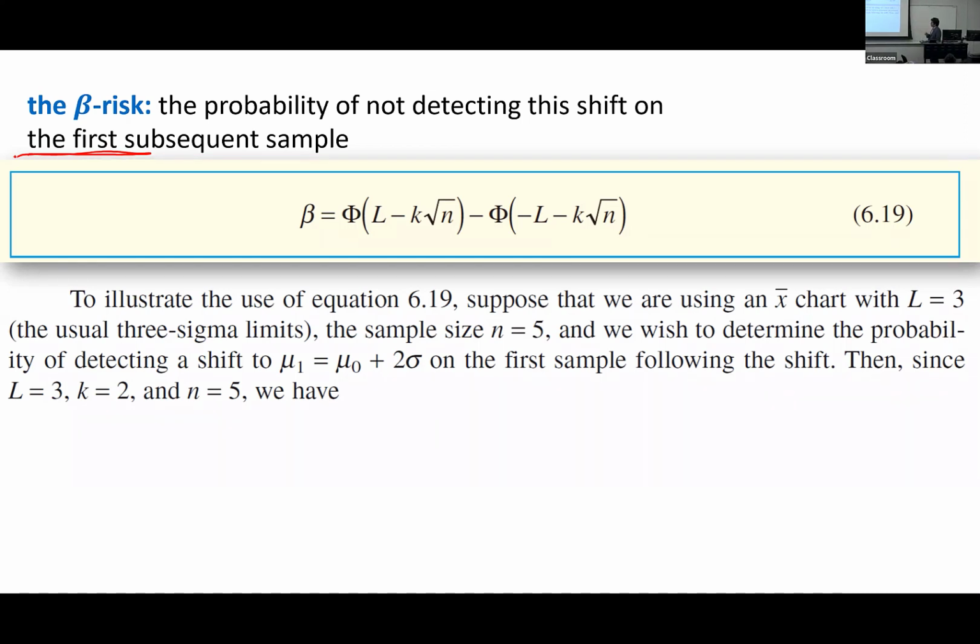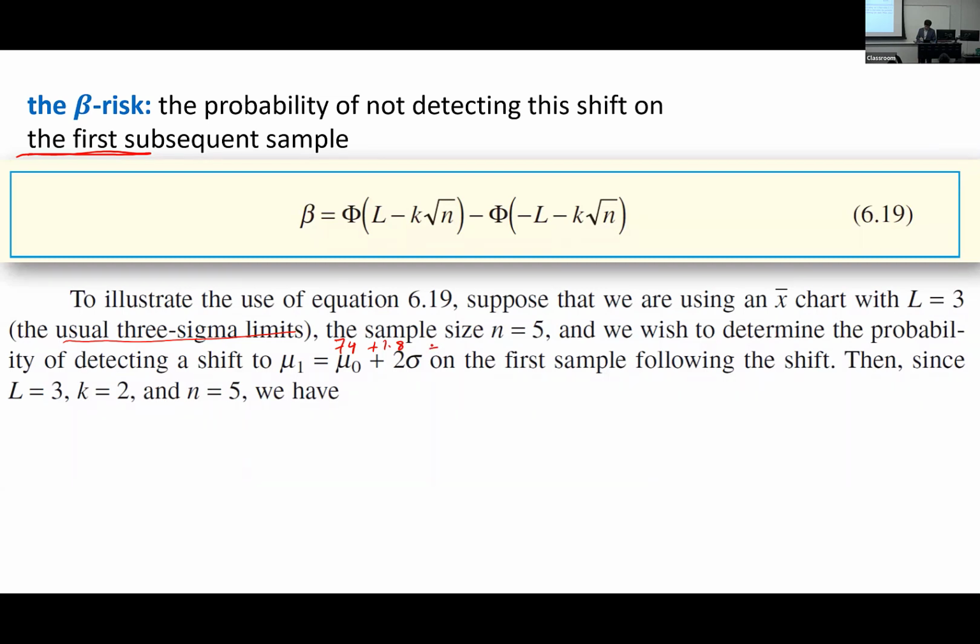So let's look at an example. Suppose that you're using an X bar chart with L equals 3, the usual 3 sigma limits. The sample size is 5, and we wish to determine the probability of detecting a shift to mu equals mu naught plus 2 sigma. In the example we had 74 plus 2 times 0.9, which is 1.8.